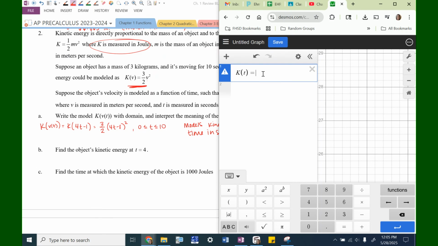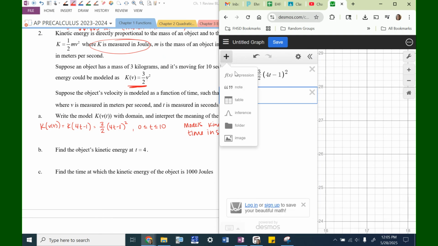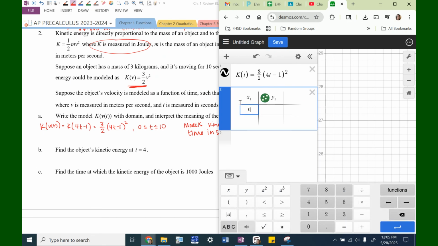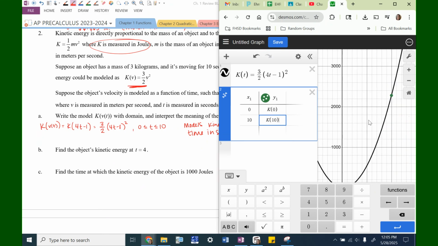So K of the input is equal to 3 over 2 times 4t minus 1, that quantity squared. And if you want to look at this graph, we're supposed to go from 0 to 10. Give me K of 0 and K of 10, and please zoom fit to wherever that graph is. There it is.